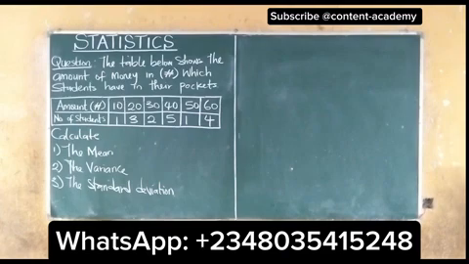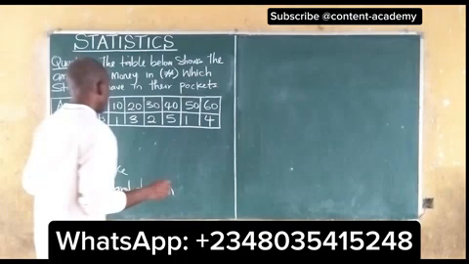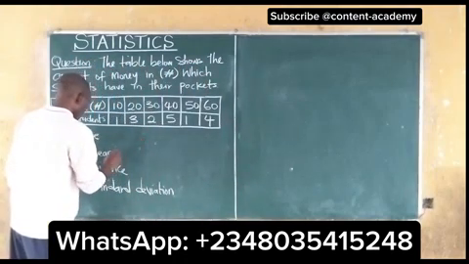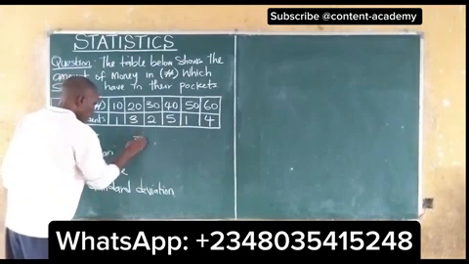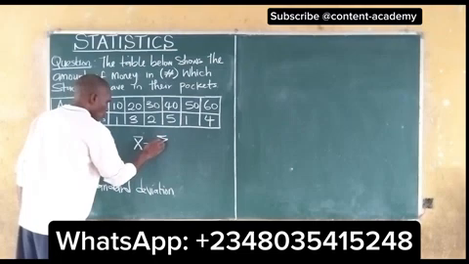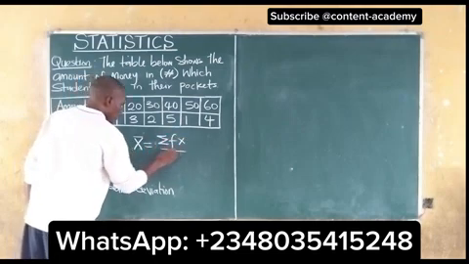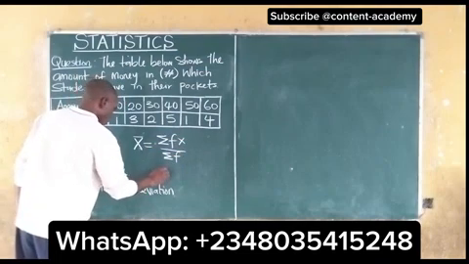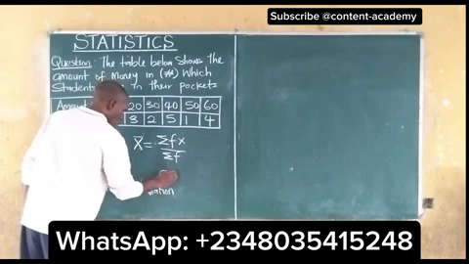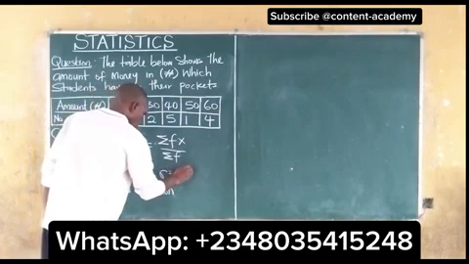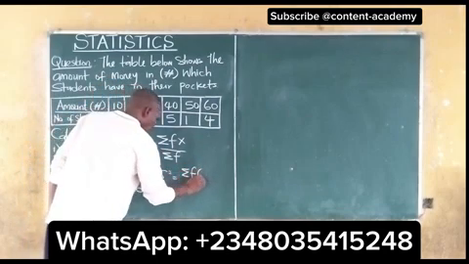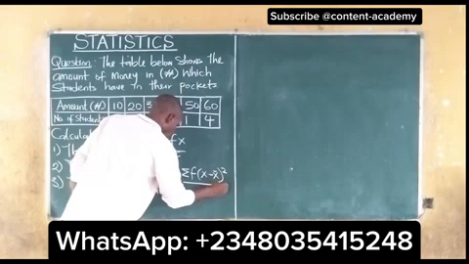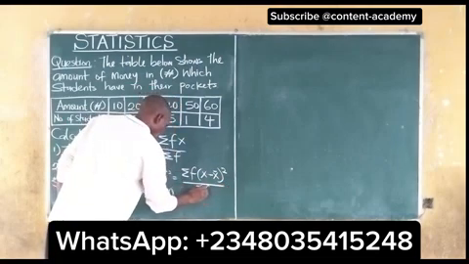We are asked to calculate for the mean, the variance, and the standard deviation. We should note that we have our mean, x bar, to be equal to summation of f of x divided by summation of f. We have our variance to be summation of f of x minus x bar squared all over summation of f.